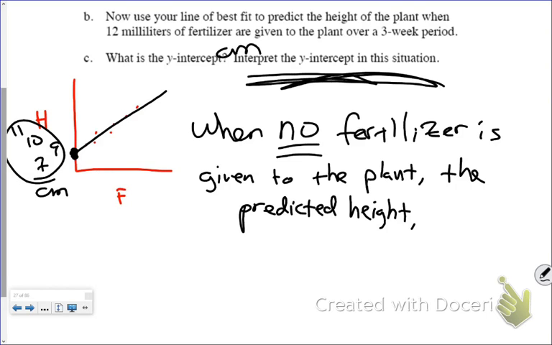Whatever you have, right? Write it down. The predicted height is blank centimeters. So what we're saying is, hey, if we're not giving any fertilizer, it's going to be around this tall. But if we do give it some more fertilizer, we're going to predict it to be around this tall. That's what interpreting the y-intercept means.